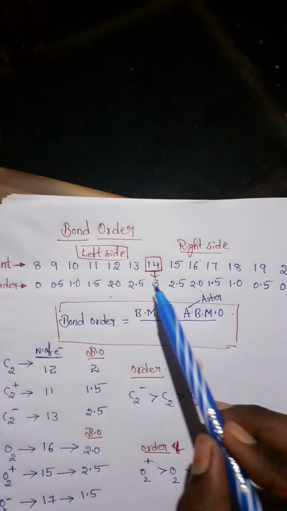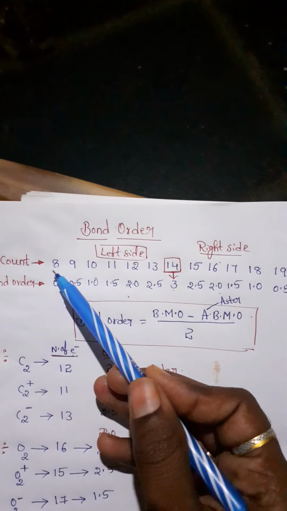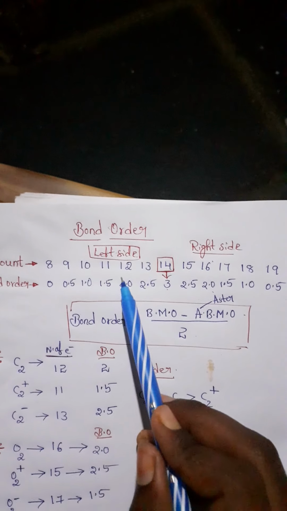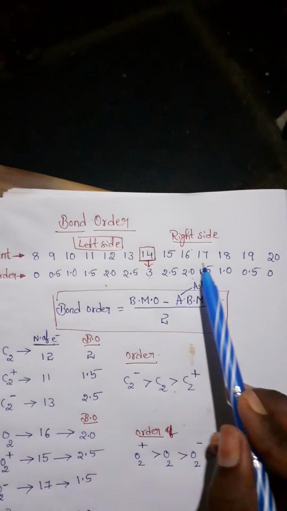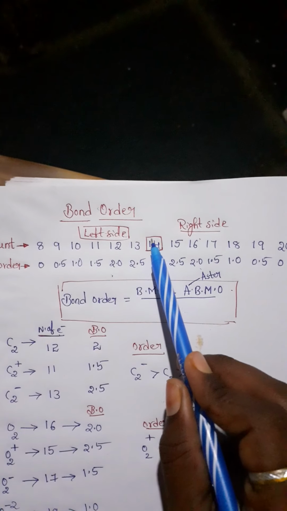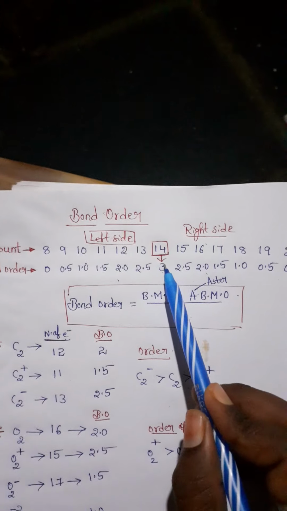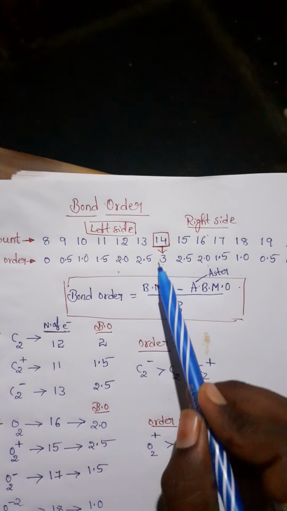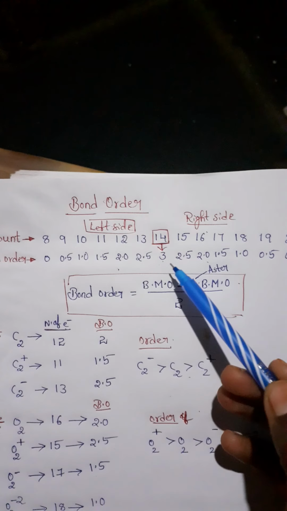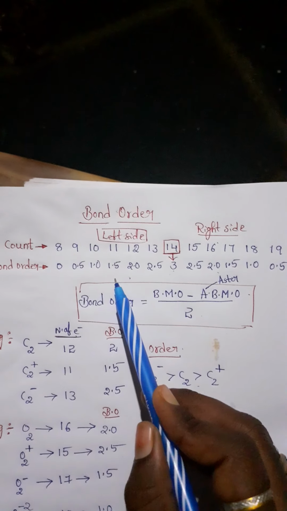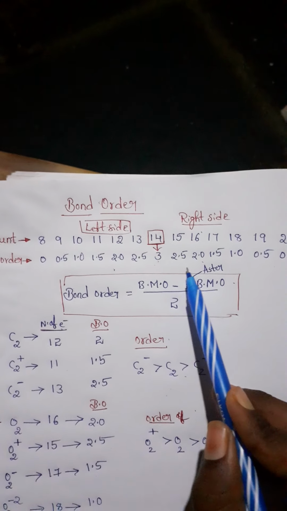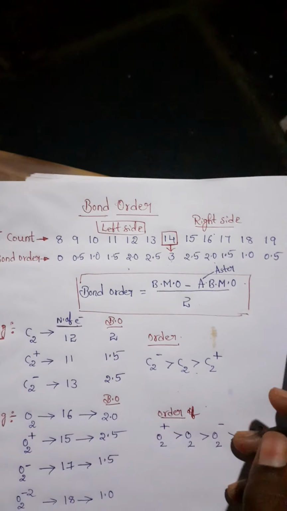Towards the right side, we just write the number of electrons 8, 9, 10, 11, 12, 13, 14, 15, 16, 17, 18, 19 and so on. We have taken this as the standard, with bond order 3. Towards the right side we decrease by 0.5, and towards the left side also we decrease by 0.5. So 3 minus 0.5 is 2.5, then 2.0, and so on.